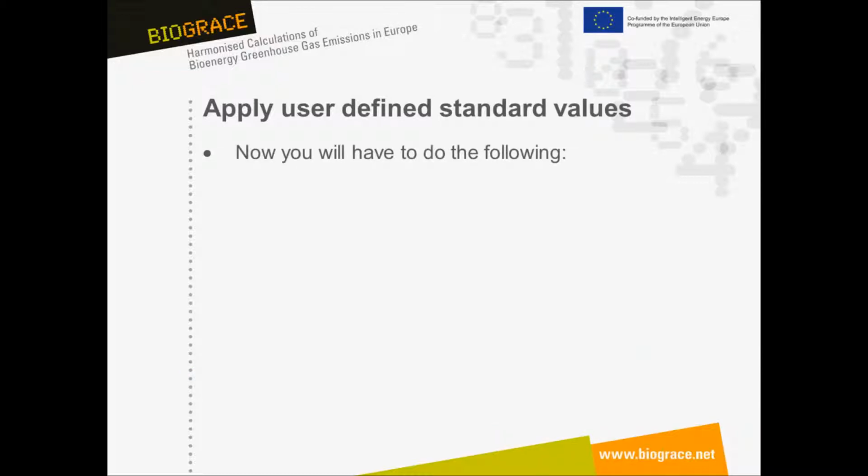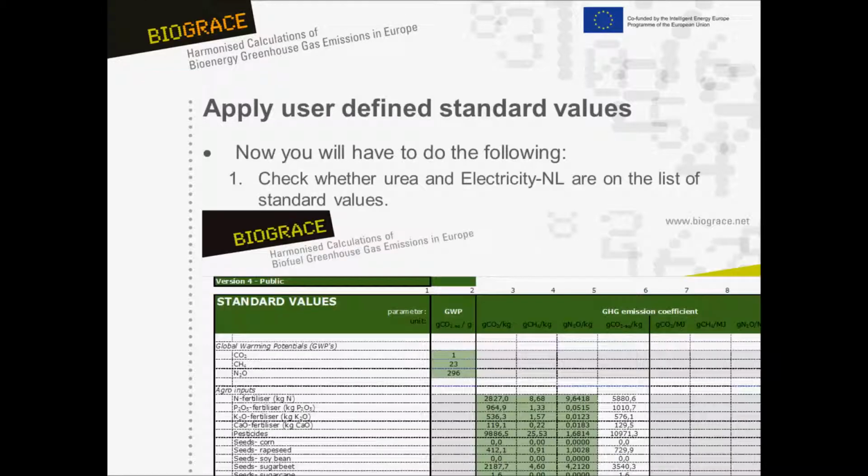Now you will have to do the following. First, check whether the inputs urea and electricity from the grid NL are in the list of standard values. You open the list of standard values and scroll to all materials in column C. Your conclusion is not included.